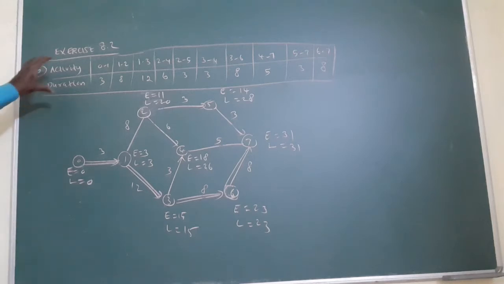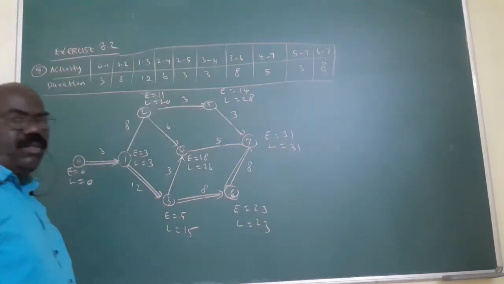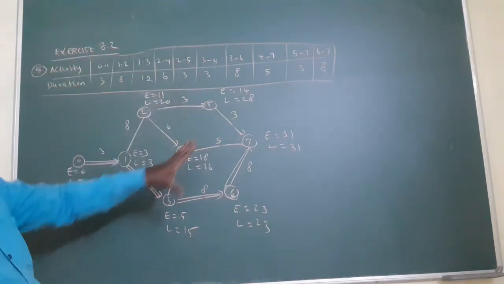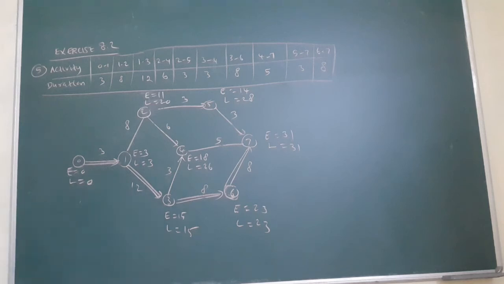From the data, draw the diagram. From the diagram, you will find E and L. E represents the earliest starting time. L represents the latest starting time. From the diagram, you will find one more thing: the earliest starting time, the earliest finishing time, the latest starting time, the latest finishing time.